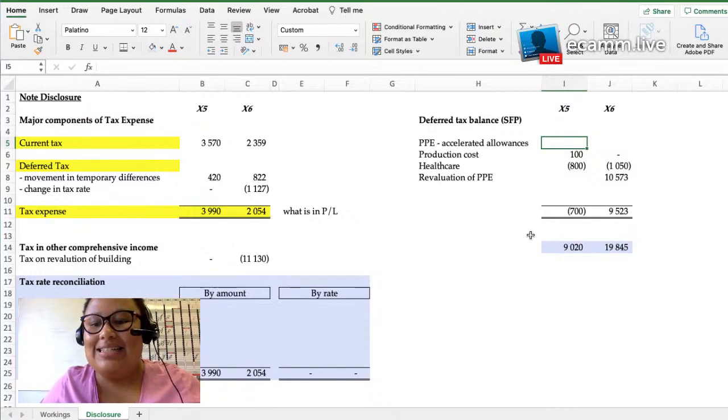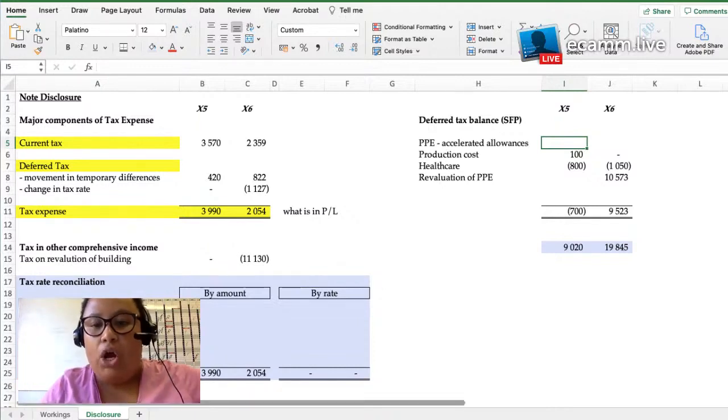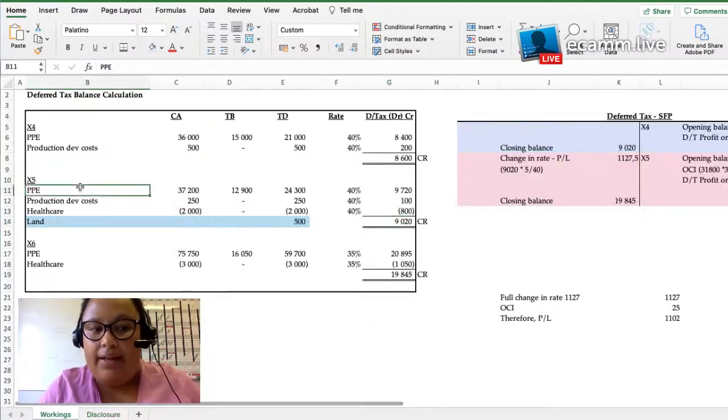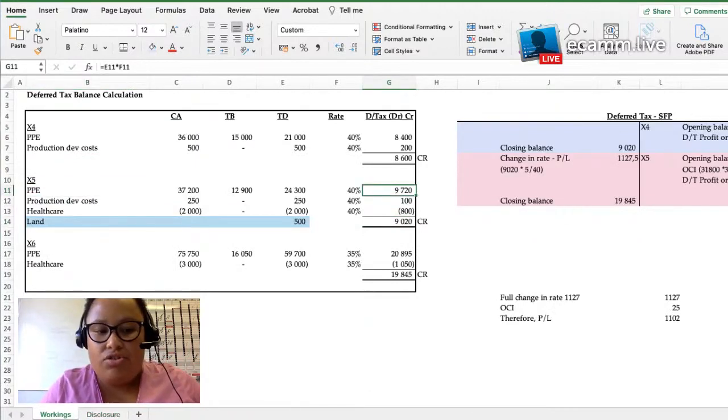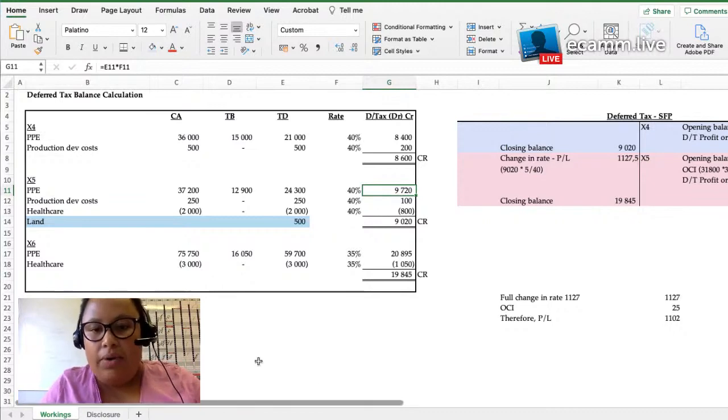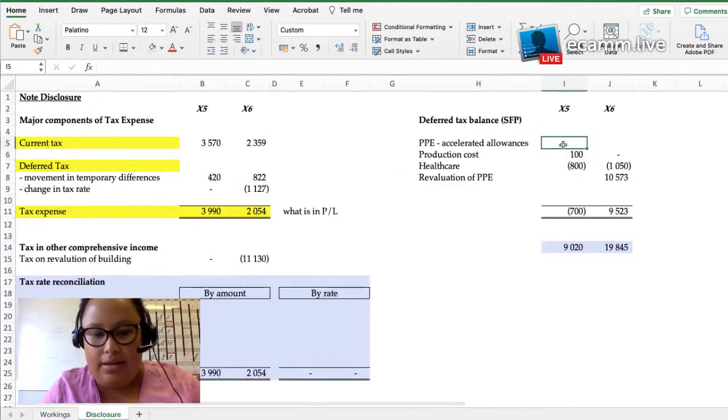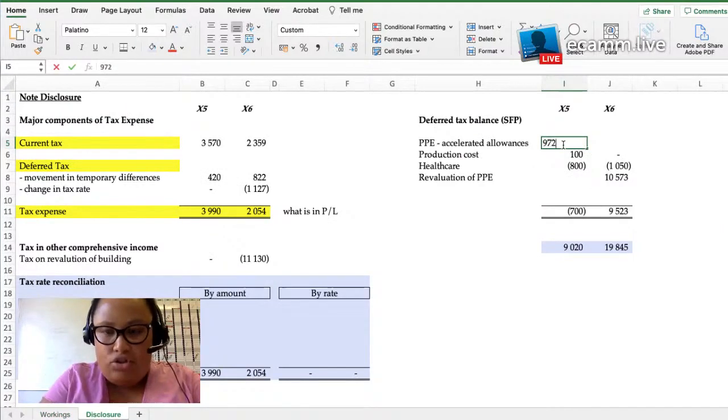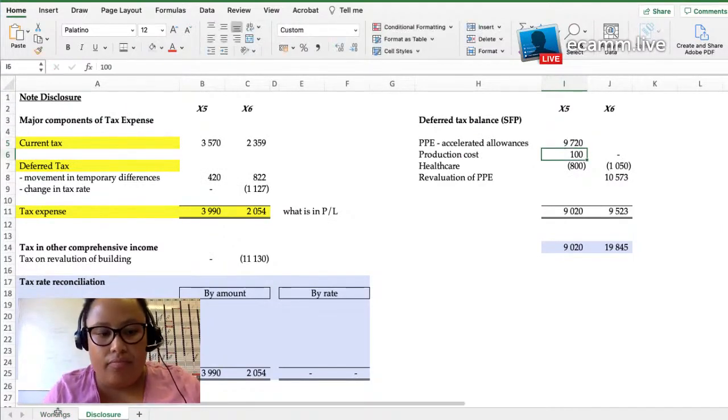Now, the nice thing is that because you don't deal with depreciable assets being revalued, whatever you calculate for your PPE temporary difference in your calculation over here, that number you would then just straight pull through. Okay, so we look at the 9720 in the prior year. We'll pull through 9720 over there.